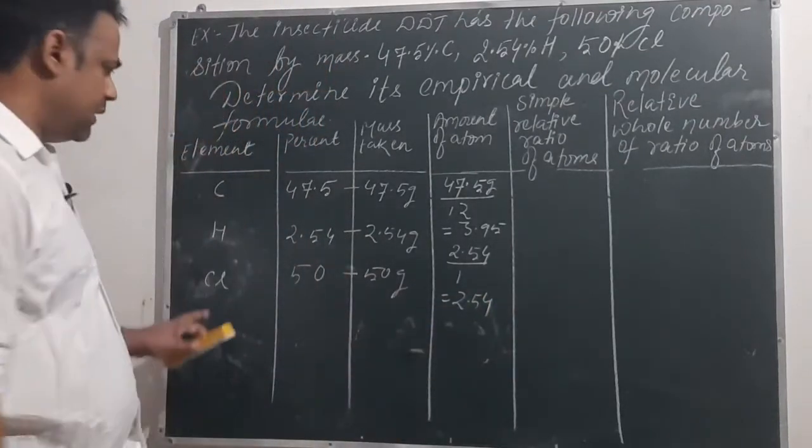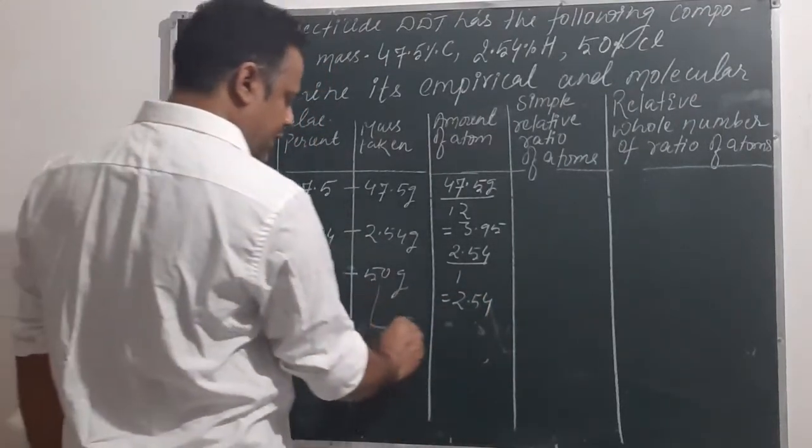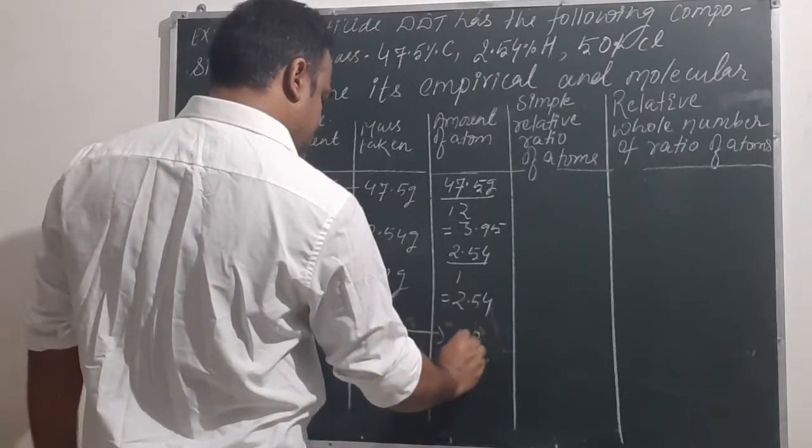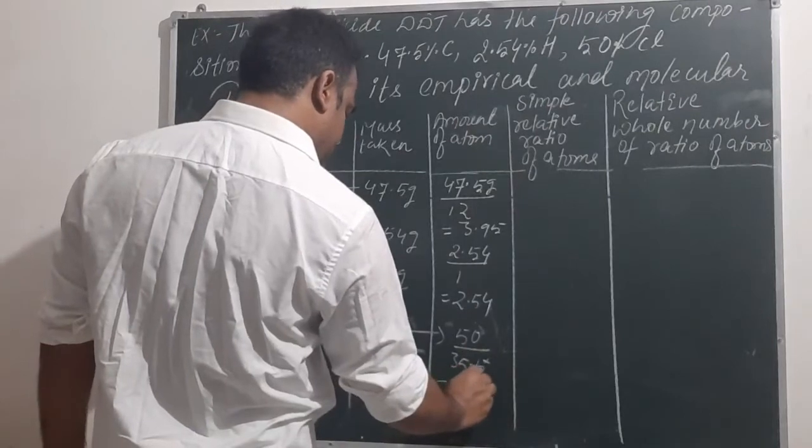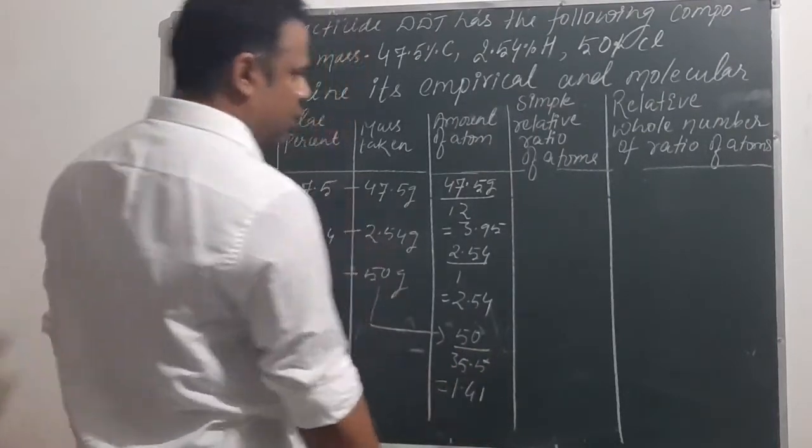And the last one is chlorine: 50 divided by 35.5 is equal to 1.41 mole.